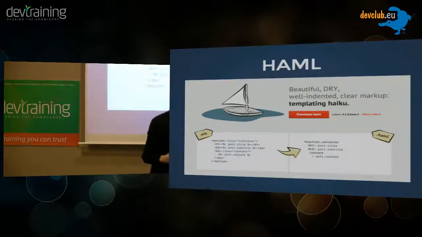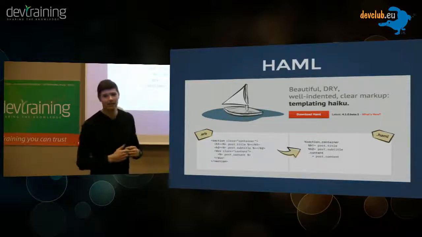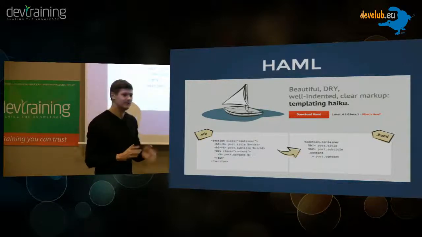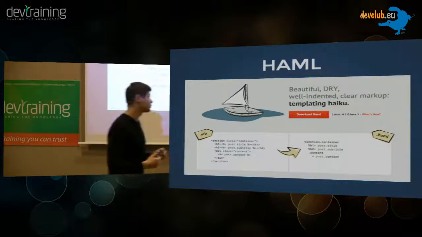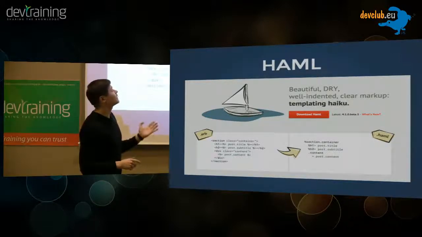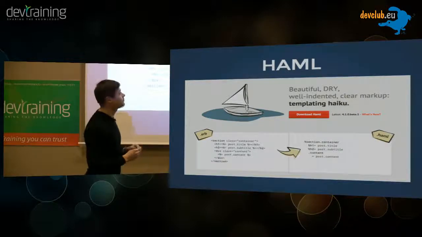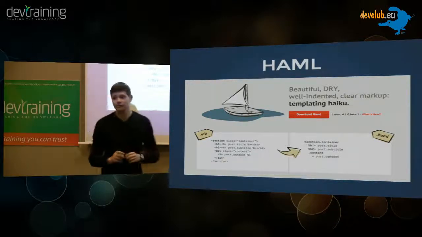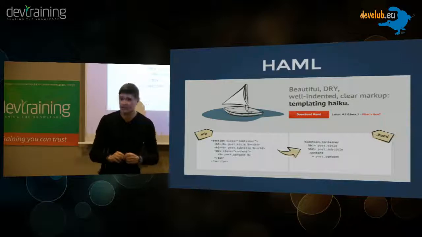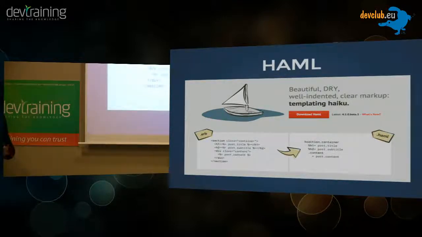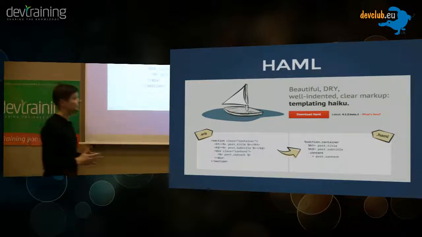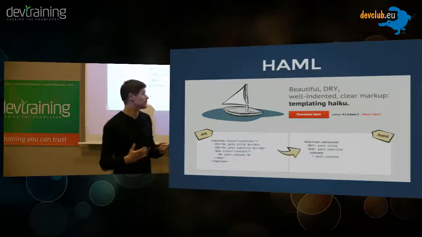It might hurt your eyes at the beginning, but in 10 minutes or so you get used to it, and then you cannot go back to normal embedded Ruby templating. This one I will be using in my demo is called Haml. If you ever used Jade for Node.js or Emblem.js or any other similar templating engine, then you might be familiar with this one already.